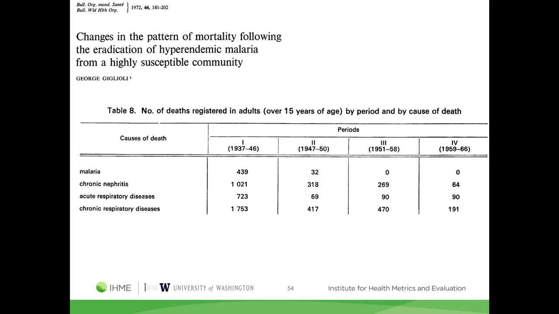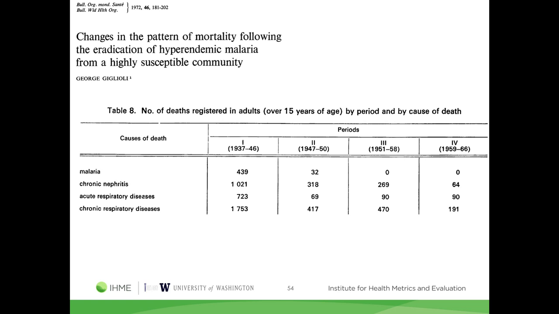Just a reminder of the George Giglioli study that I think some of you may remember from the Bulletin of WHO in the early 70s, where here's a place in Guyana with abrupt interruption of malaria transmission post-World War II with DDT scale-up, and then in different phases, huge declines in adult malaria deaths as recorded in Guyana, but also associated temporally huge declines in chronic nephritis, acute respiratory disease, and even chronic respiratory disease.